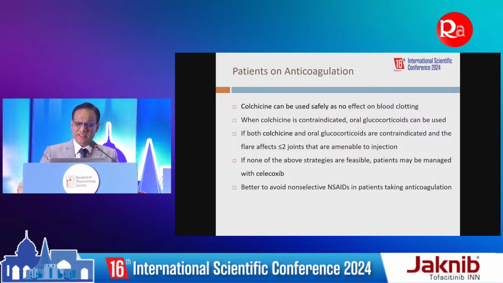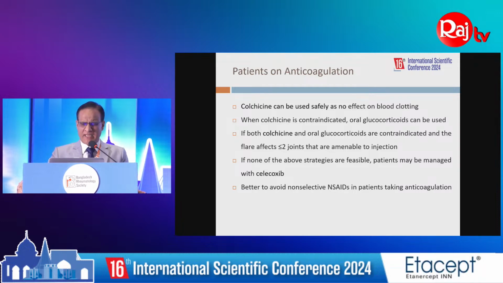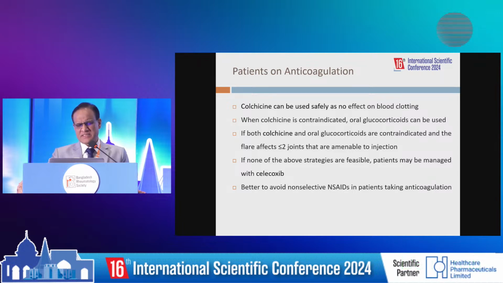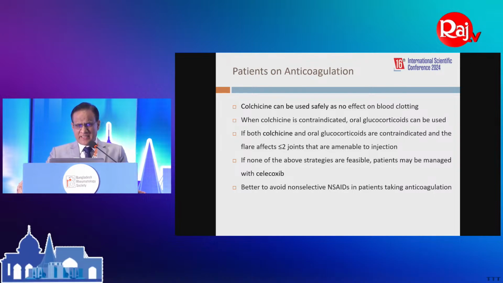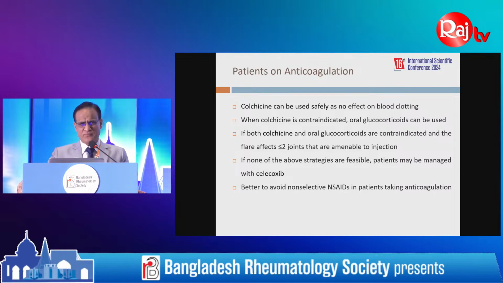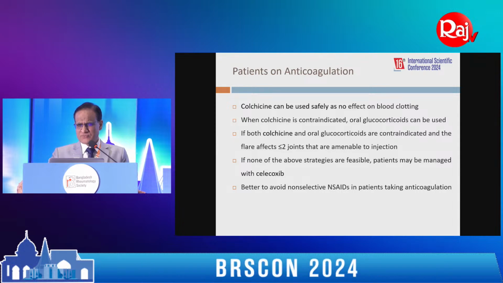When colchicine is contraindicated, oral glucocorticoid can be used. If both are contraindicated, we can use intra-articular injection. Among NSAIDs, celecoxib may be used, but so far I know it is not available in our country.